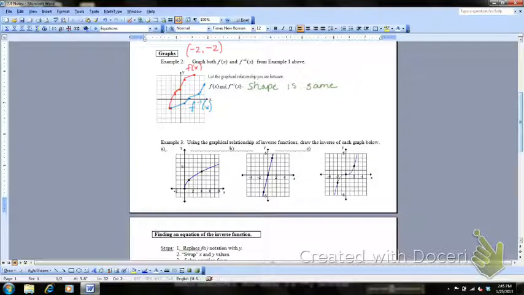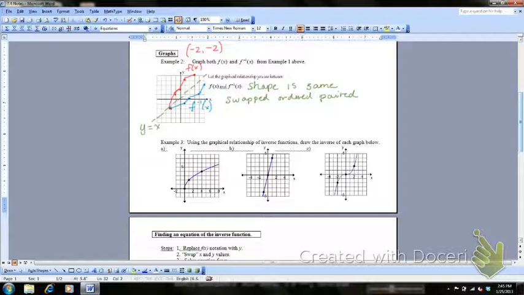And the other thing that we did, of course, to graph these is that we swapped the ordered pairs. And then the last thing that I want you guys to notice, we do notice symmetry. And the symmetry is across a special line. It's across a line that goes up through the origin at kind of a 1-to-1 slope, and this line has an equation of y equals x.